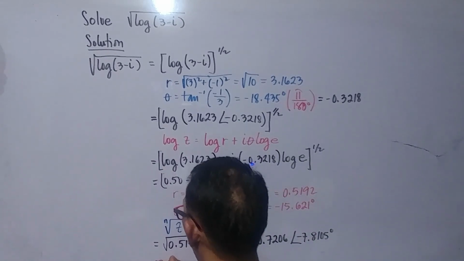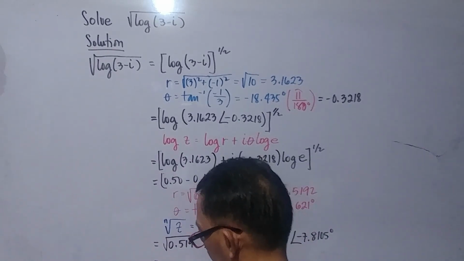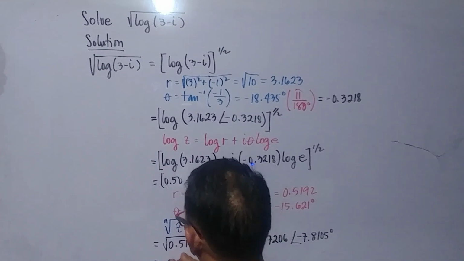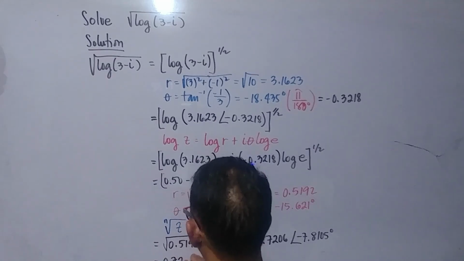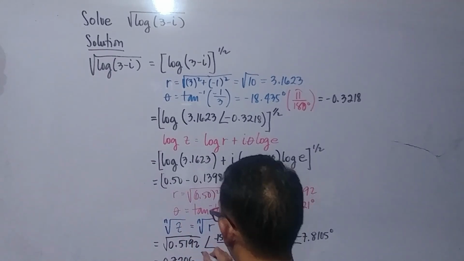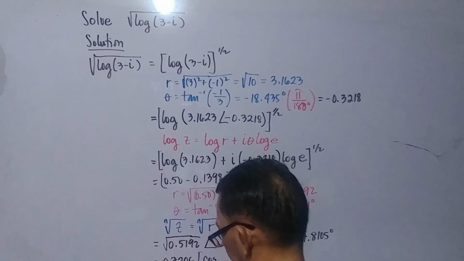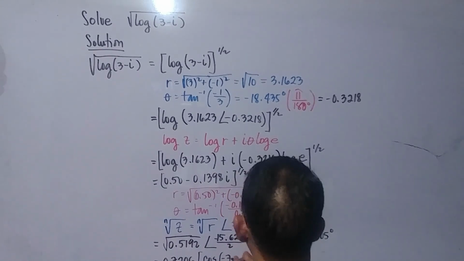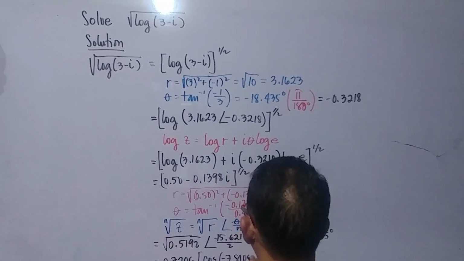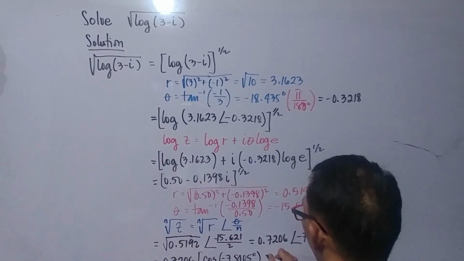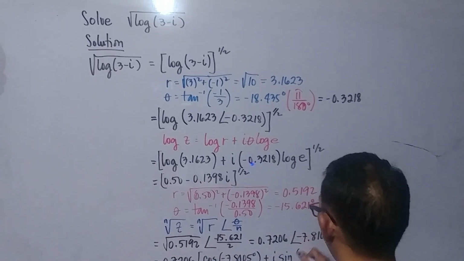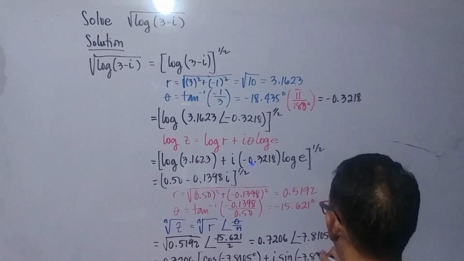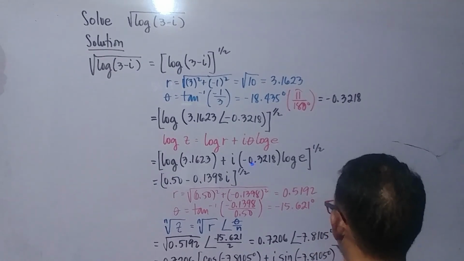Then apply trigonometric form. We have now 0.7206 times cosine of negative 7.8105 degrees plus i sine of negative 7.8105 degrees.